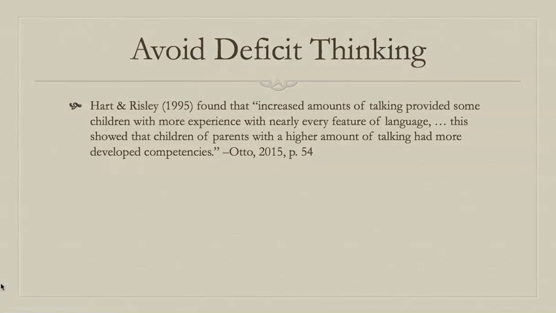So vocabulary is going to be key, and this is why it's very important to have classrooms in which children interact, speak, and communicate with each other, where the teacher is communicating with the children, and there's a lot of oral language happening so that oral language can be scaffolded and supported.